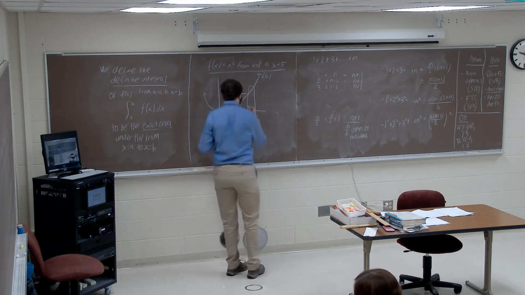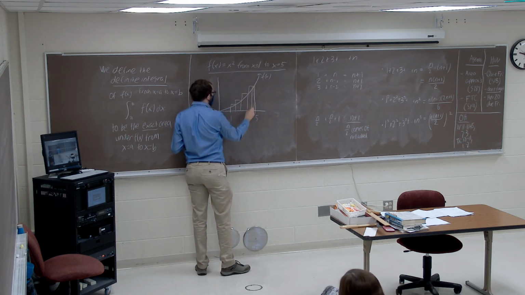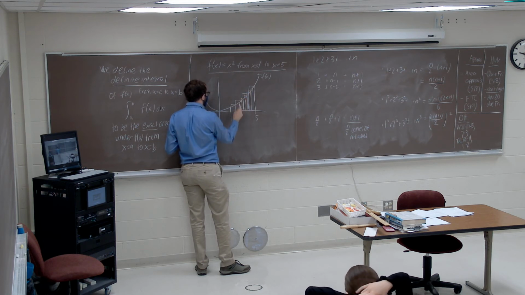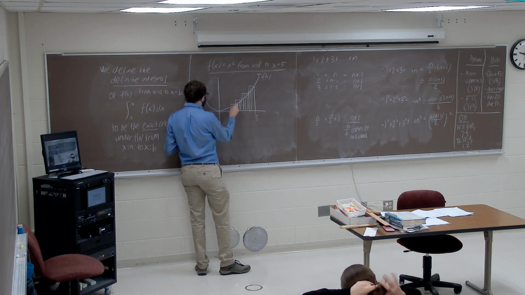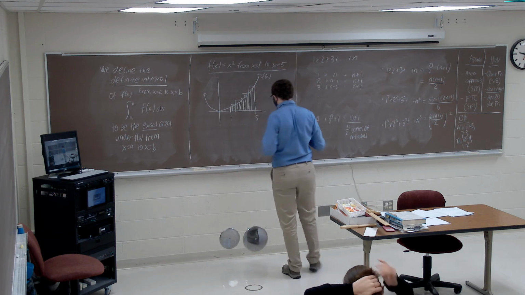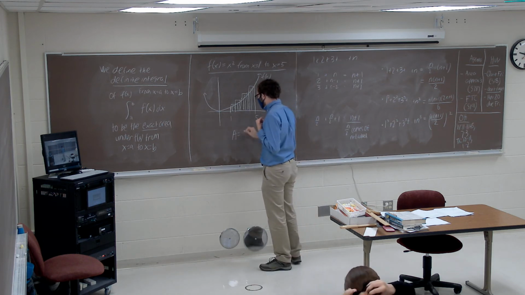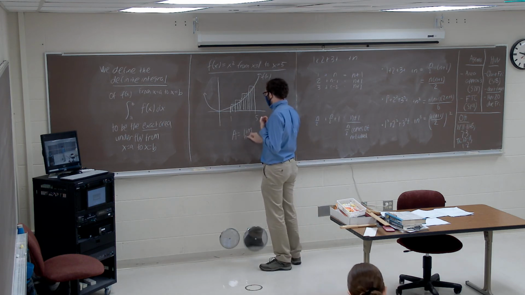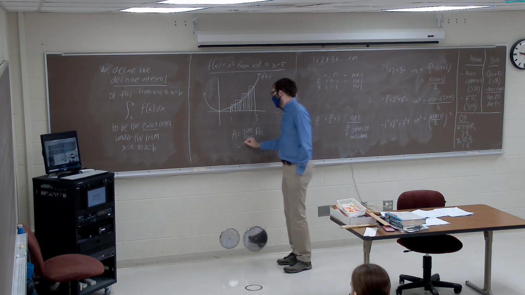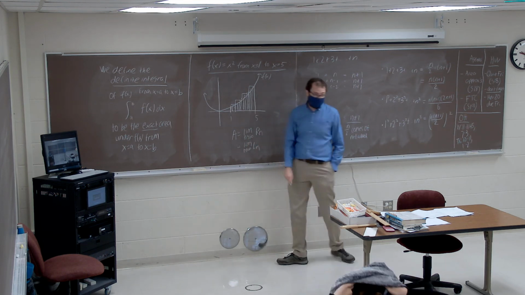We said last class that the more rectangles you have, the closer an approximation you're going to get. So if I use a bunch of rectangles, we're going to stick to the curve more and more closely and, for an R sub n, have less overhang. In fact, we said last time that the actual area is what we get if we take the limit as n goes to infinity of R sub n, or in other words the limit as n goes to infinity of L sub n.